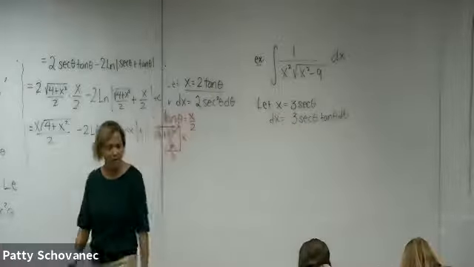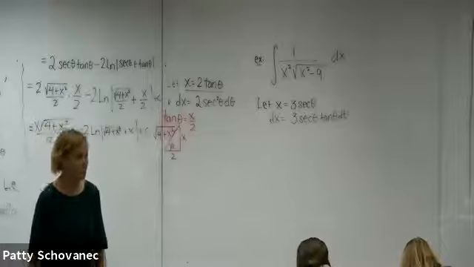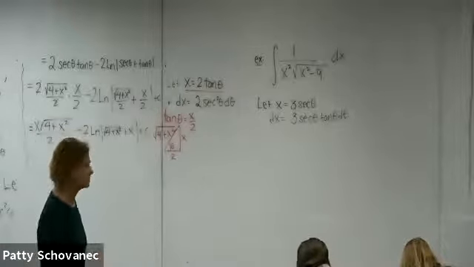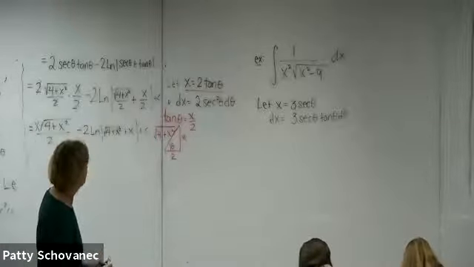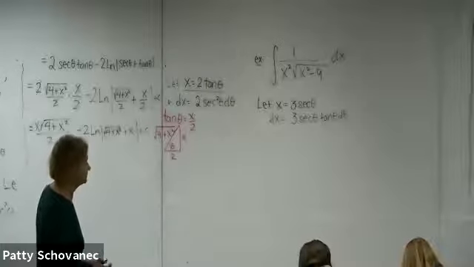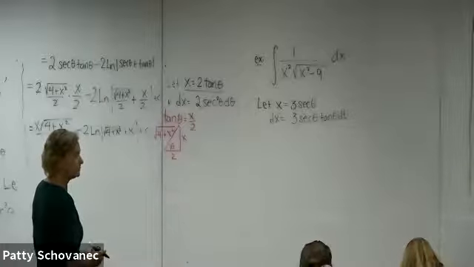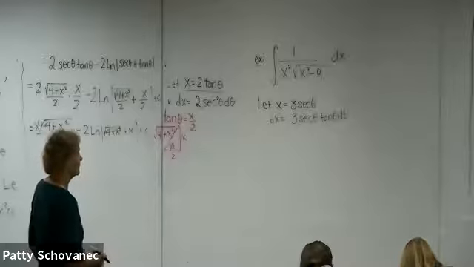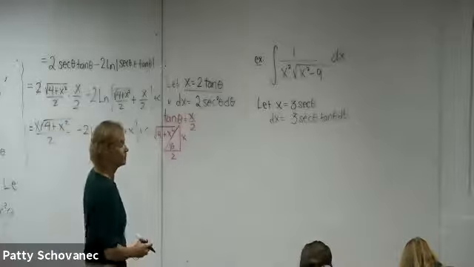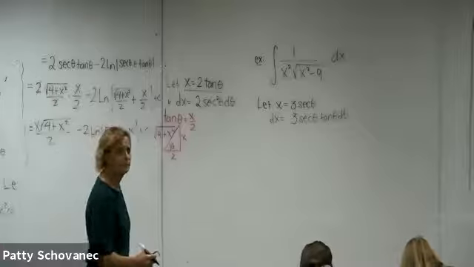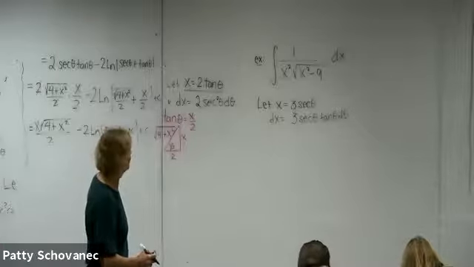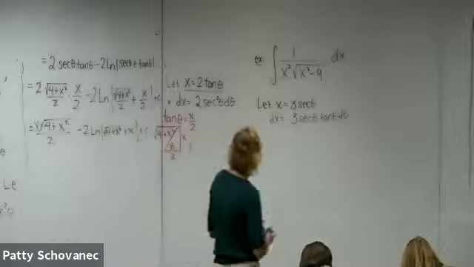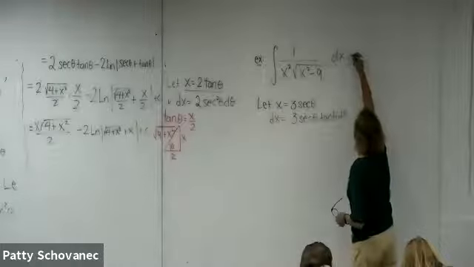And we substitute all that in and watch the magic happen. Each x is 3 secant theta.